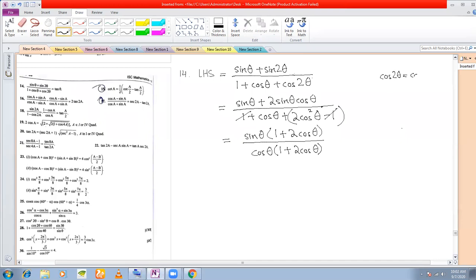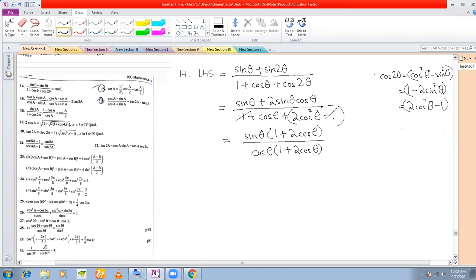You know that cos 2 theta is also cos square theta minus sine square theta, but I did not use this form, neither did I use the form 1 minus 2 sine square theta. Yes, I used the form 2 cos square theta minus 1.